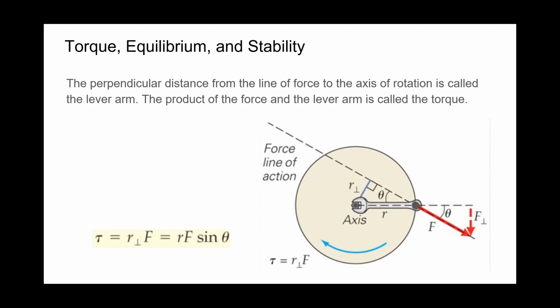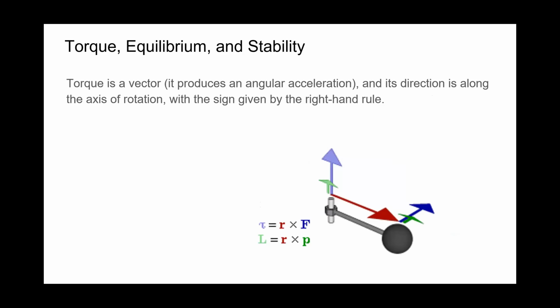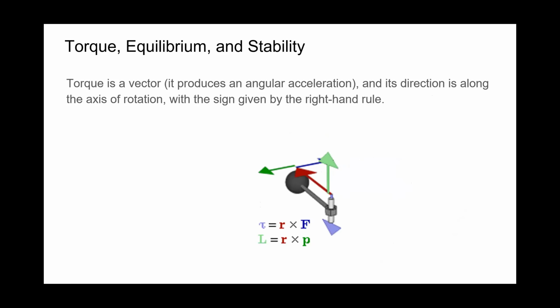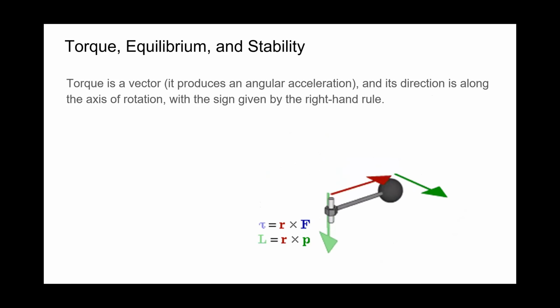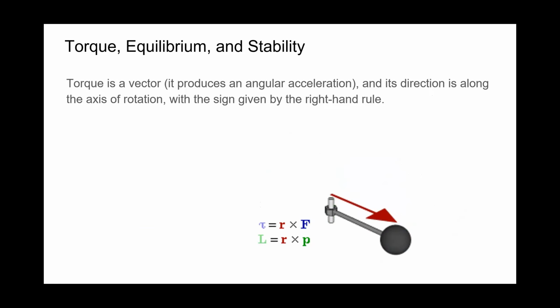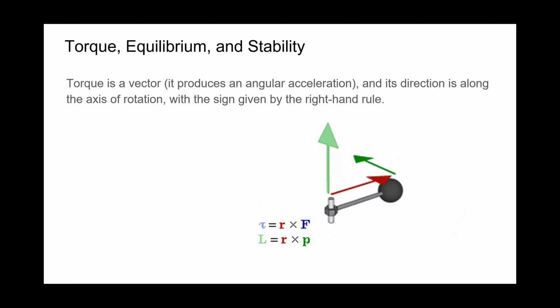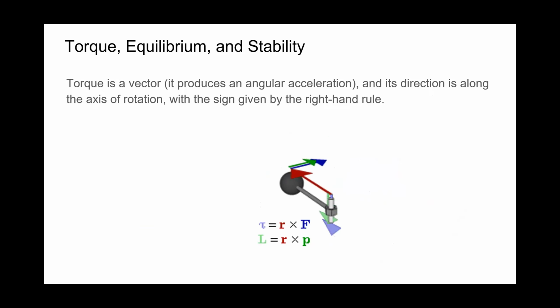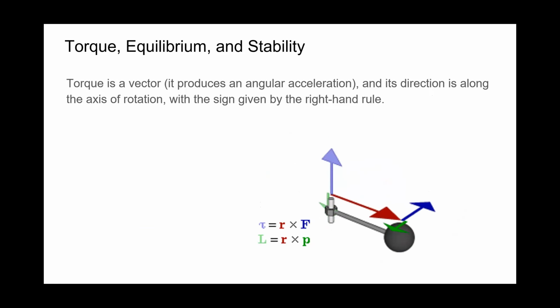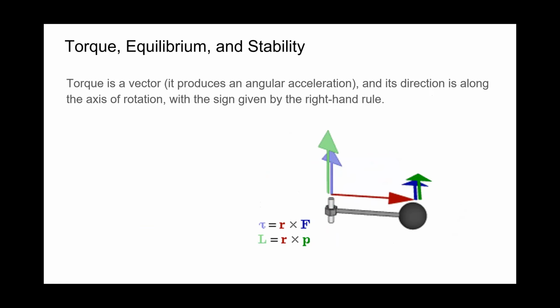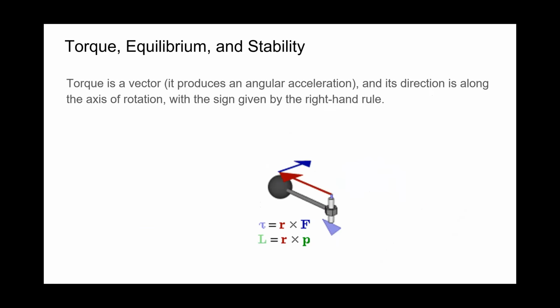Force times lever arm is the torque working on the particular object. Torque is a vector. It produces an angular acceleration and its direction is along the axis of rotation. The sign can be obtained through the right hand rule as well, as shown in this image.